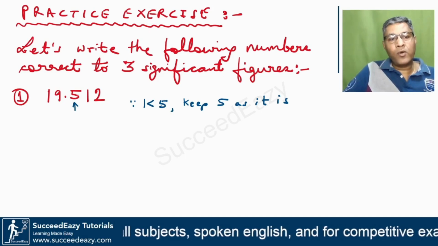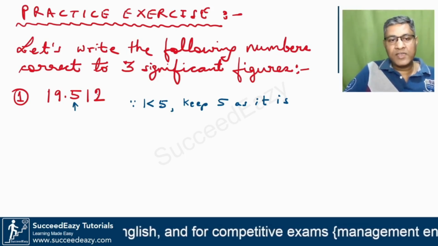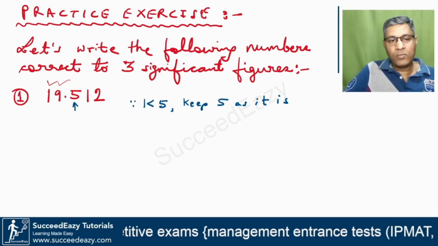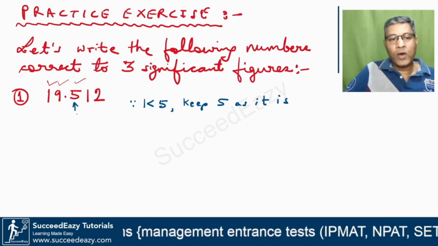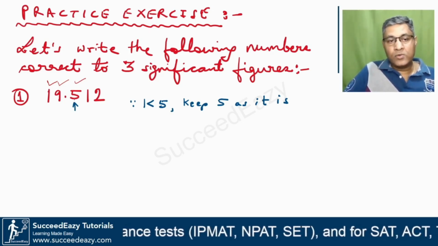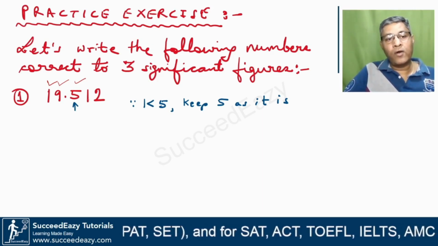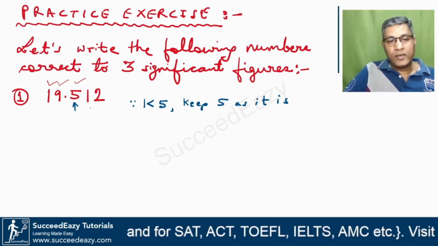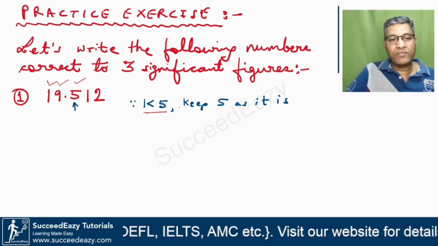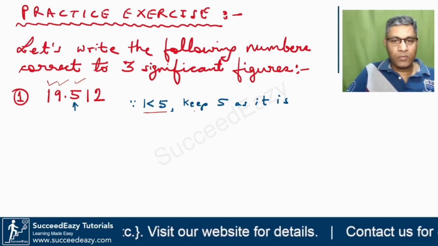Obviously 19.512 is very clearly 5 significant figures. Now my first significant figure is 1, followed by 9 and then 5. So I need to do my rounding at 5. If I need to do my rounding at 5, then I need to see which number follows 5. 1 follows 5, so 1 is less than 5, and therefore we will follow the same rules as we use in rounding.